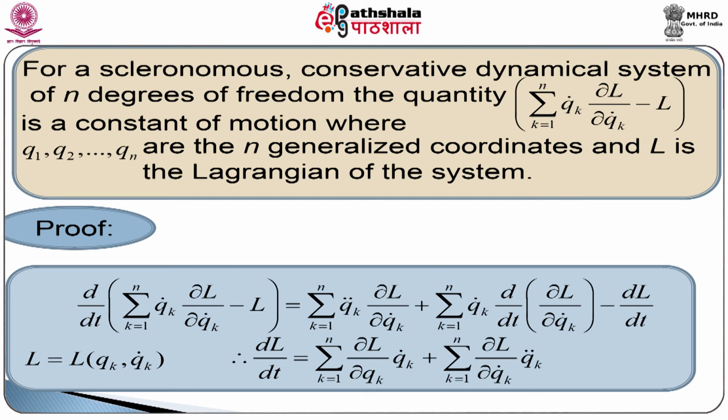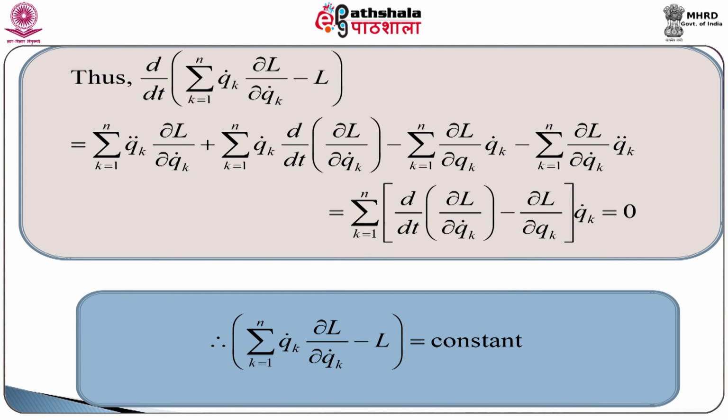qk is the generalized coordinate, qk dot is d/dt of qk, which is the generalized velocity. Now, if we substitute the expressions for d/dt of L in the previous equation, we get d/dt of summation over k qk dot ∂L/∂qk dot minus L equal to summation over k qk double dot ∂L/∂qk dot plus summation over k qk dot into d/dt of ∂L/∂qk dot.